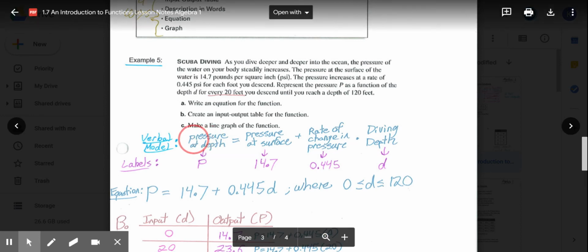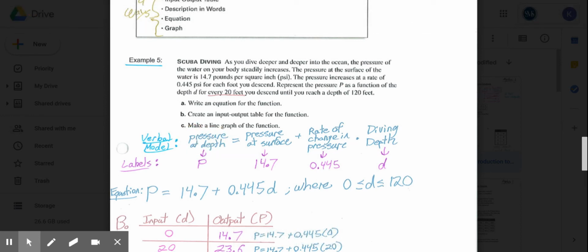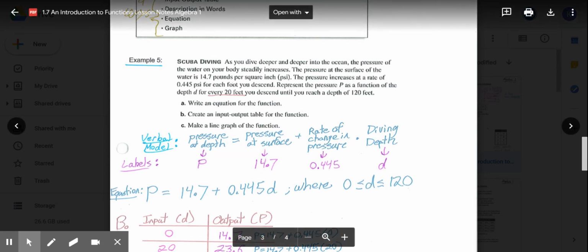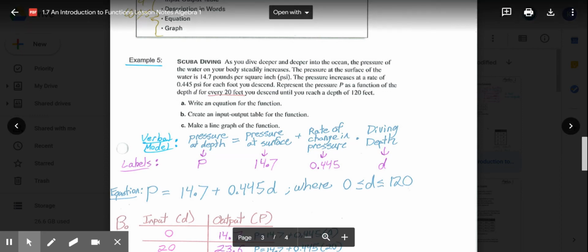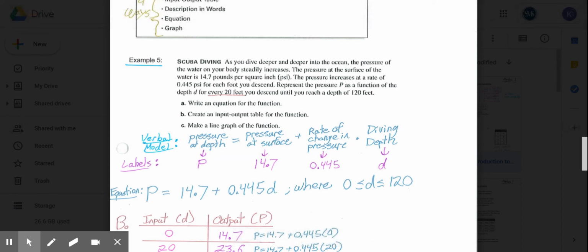So the pressure at any depth will equal our pressure at the surface plus, because it says it's a steady increase, so it increases at a rate, the rate of change multiplied by whatever our diving depth is, because it's for each foot we descend. So the pressure will equal our surface pressure added to the rate of change multiplied by the depth in feet.